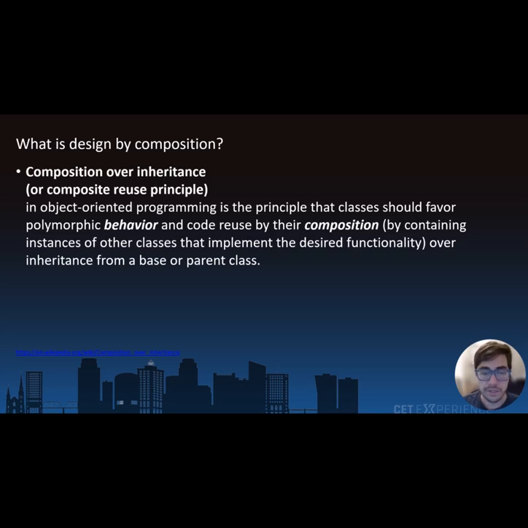And the part that I want to highlight is the behavior and code reuse by their composition, by containing instances of other classes that implement the desired functionality over inheritance from a base or parent class. What we will be covering in this is how we can achieve this with a snapper in CM. And I may from time to time just shorten this to simply composition.